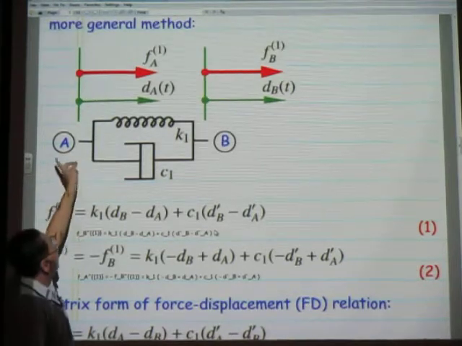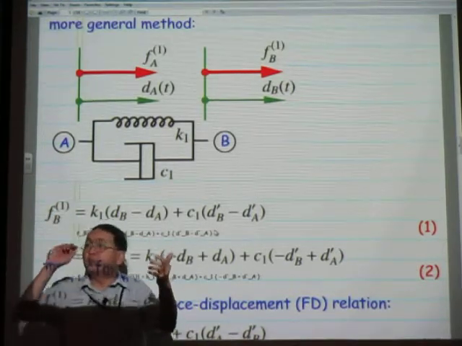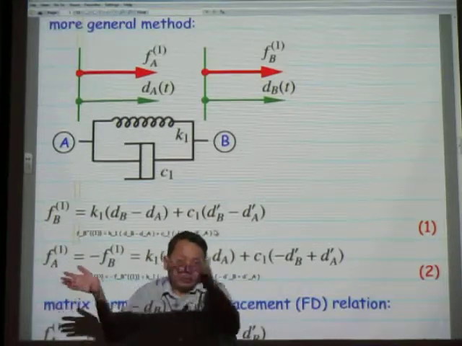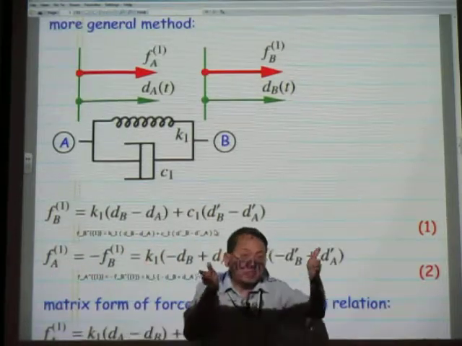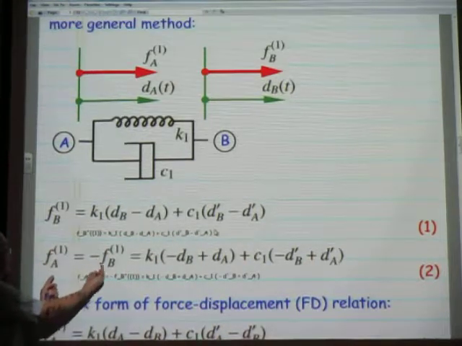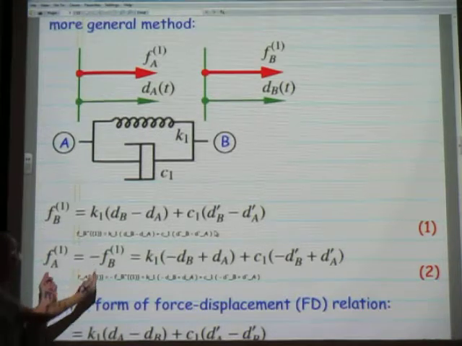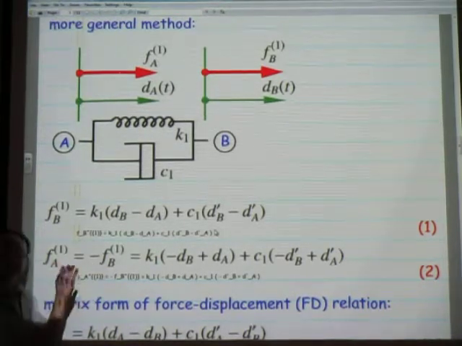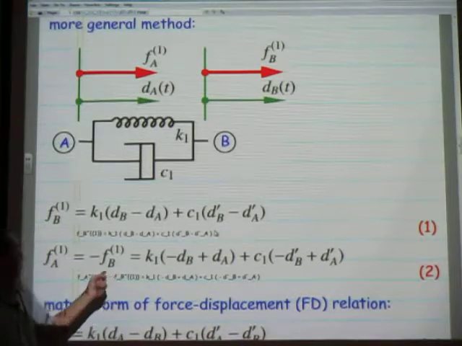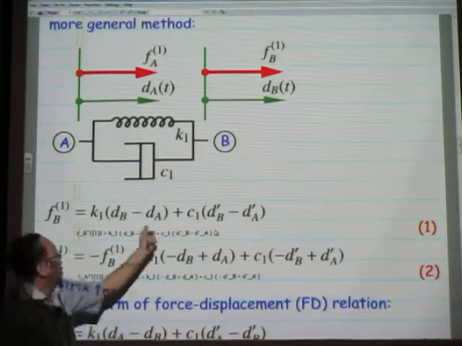Now, again, Euler cut principle: this element has to be in equilibrium. So the sum of forces in the horizontal direction equals 0. That gives you FA1 equal to minus FB1, because FA plus FB has to be 0. And FB is already here.